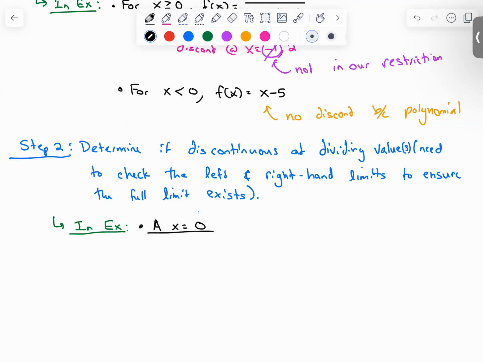So the limit as x approaches 0 from the right of f of x is equal to, what function would you be for values to the right? Take a second, think about it. This will be the limit as x approaches 0 from the right of which one, the top one or the bottom one?